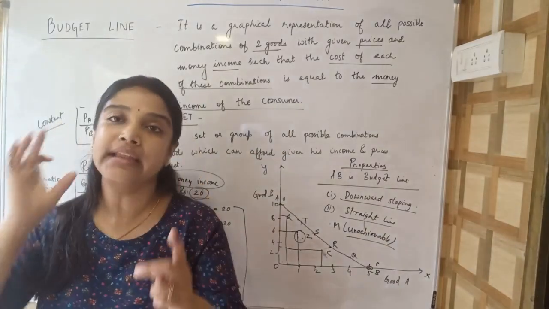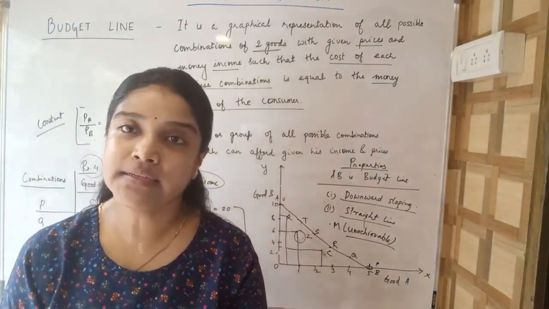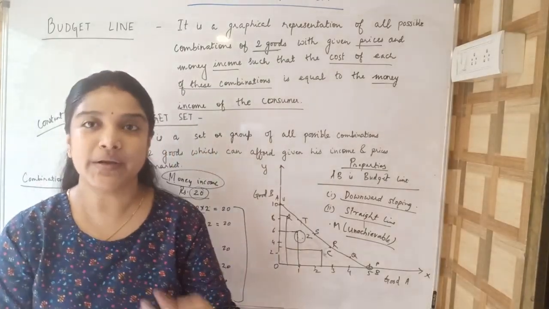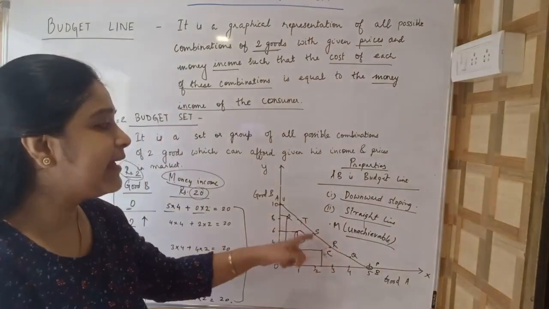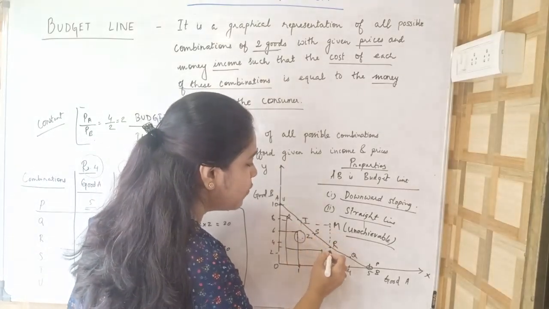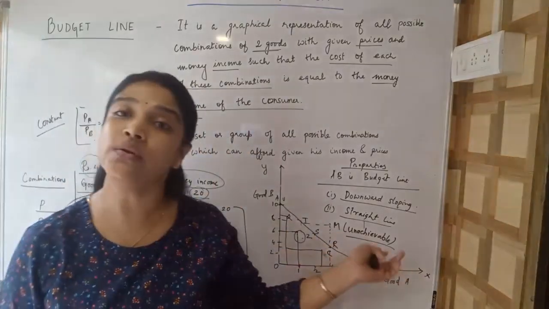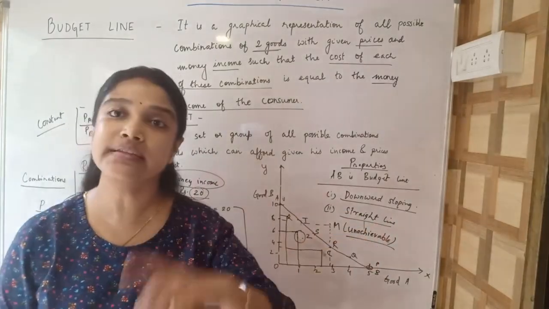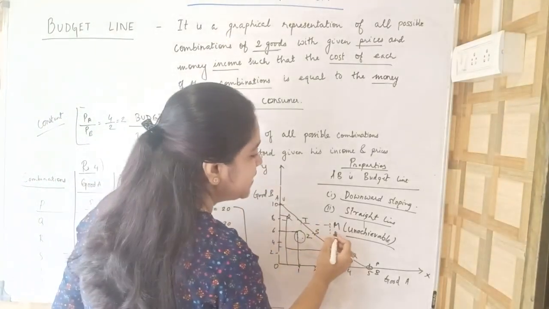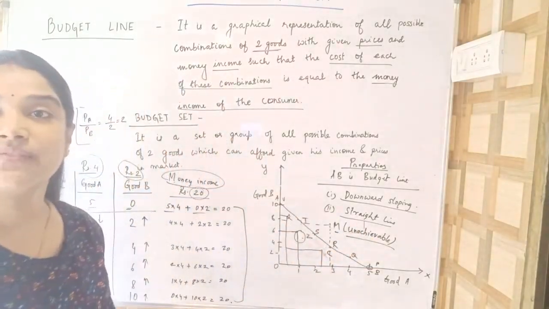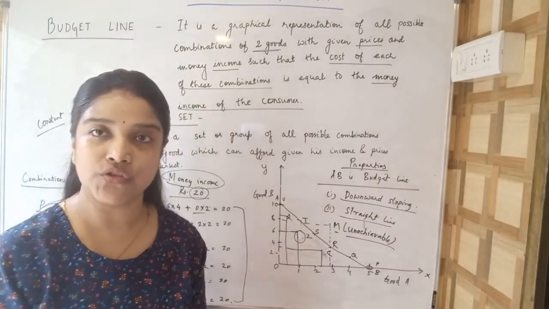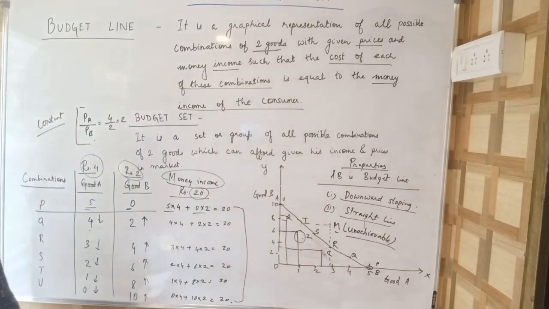We call it unachievable, because if it is out of the budget, definitely he cannot spend more than his budget. So definitely he cannot afford the M combination of goods. Why? Because it is outside the budget line. So it is an unachievable target, or an unachievable point for the consumer. Point M is called an unachievable point, outside the budget of the consumer.